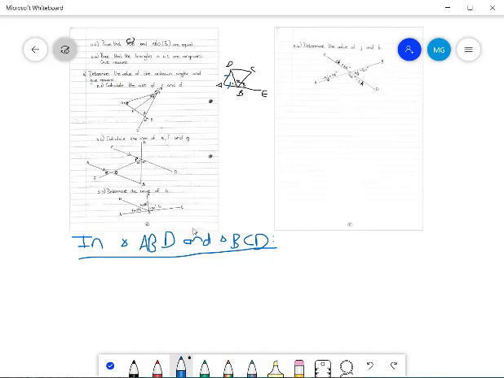Remember with congruency you need to prove 3 givens. Triangles have 6 givens. It's the 3 angles and the 3 sides that make up 6. But you only have to prove 3 of those 6.